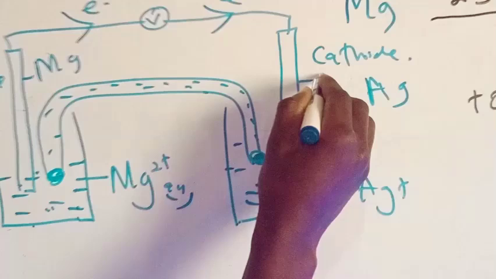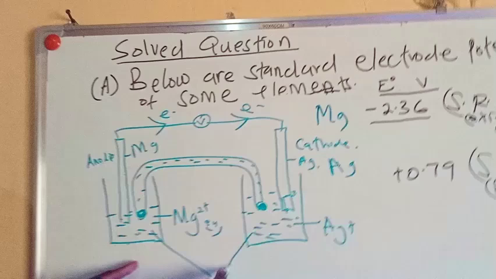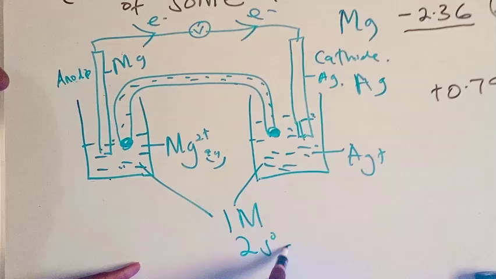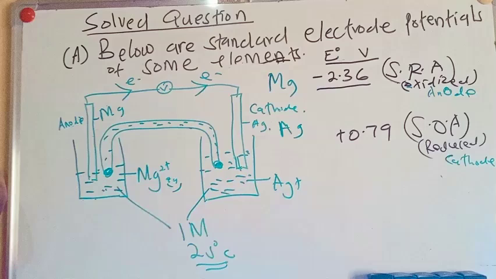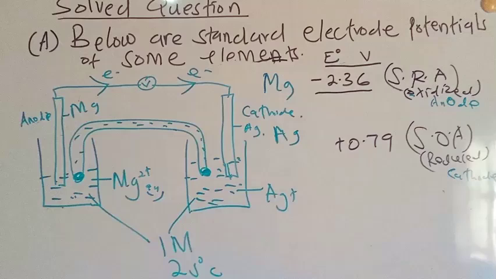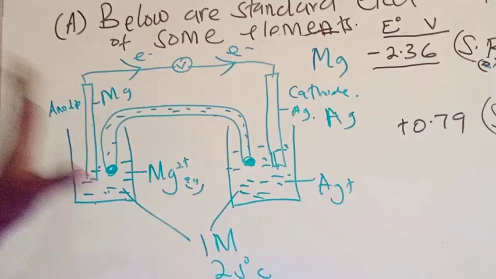We say that for the electrolytes the concentration must be 1 M at 25 degrees Celsius. So this is your electrochemical cell. Note that the oxidized species is on your left hand side, the anode. The reduced species will be at the cathode, on your right hand side. That's how to draw an electrochemical cell of the highest EMF.